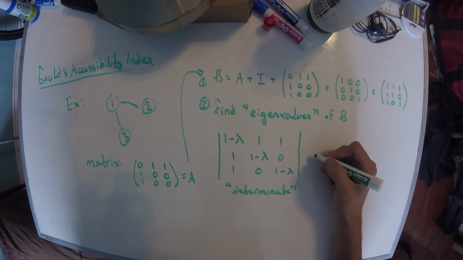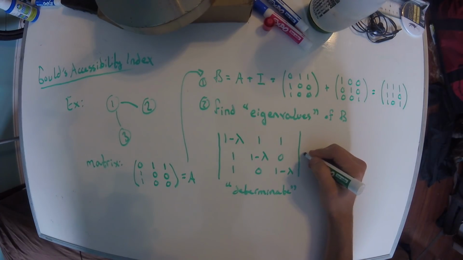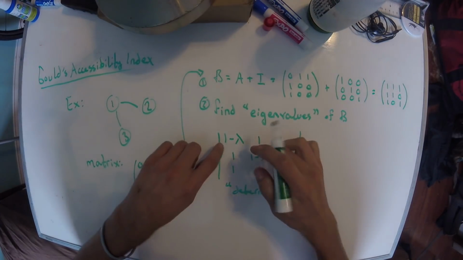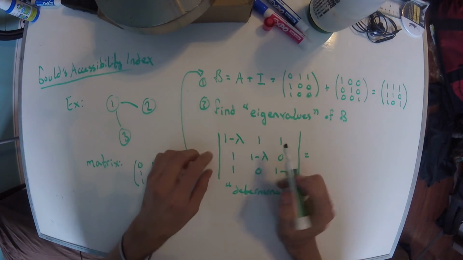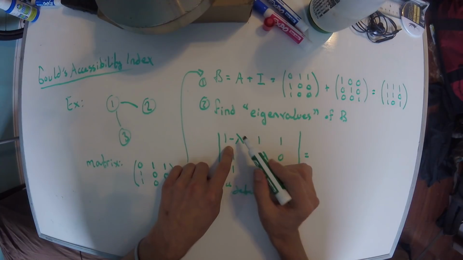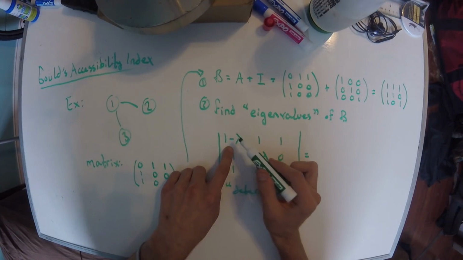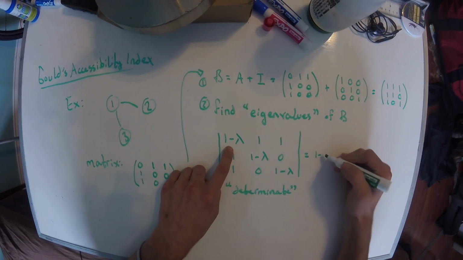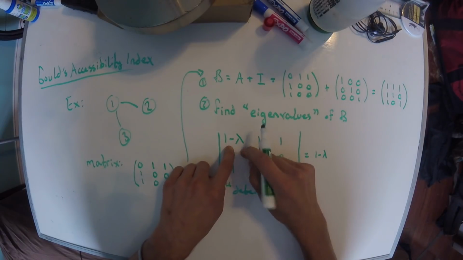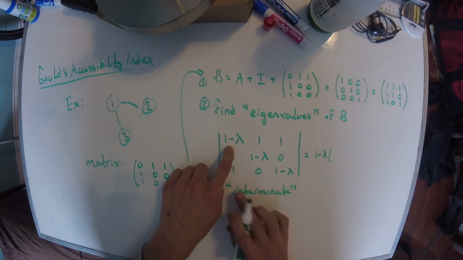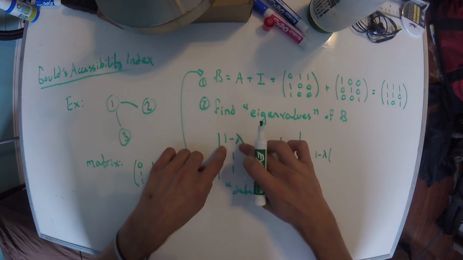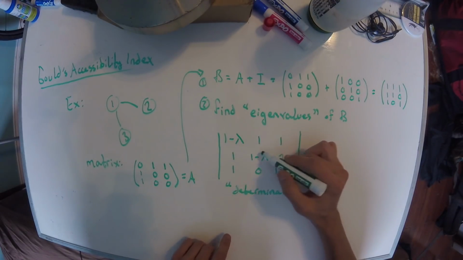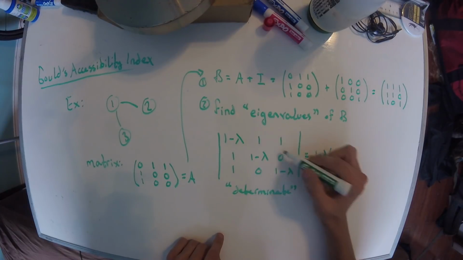So what this means is we're going to first take this element. We're going to focus on the top row here. Look at the first element of the top row. So 1 minus lambda. Let's write 1 minus lambda. And then we're going to multiply 1 minus lambda by, so we're on this corner, we're going to take this square on the opposite corner.